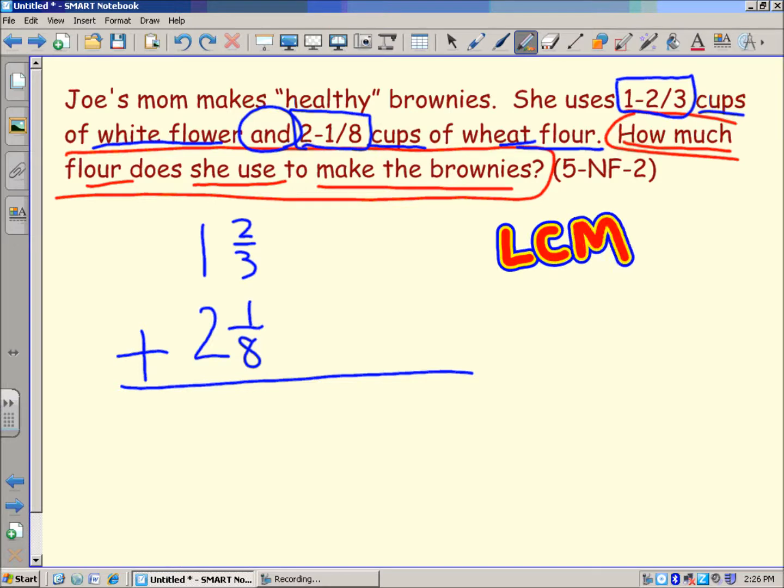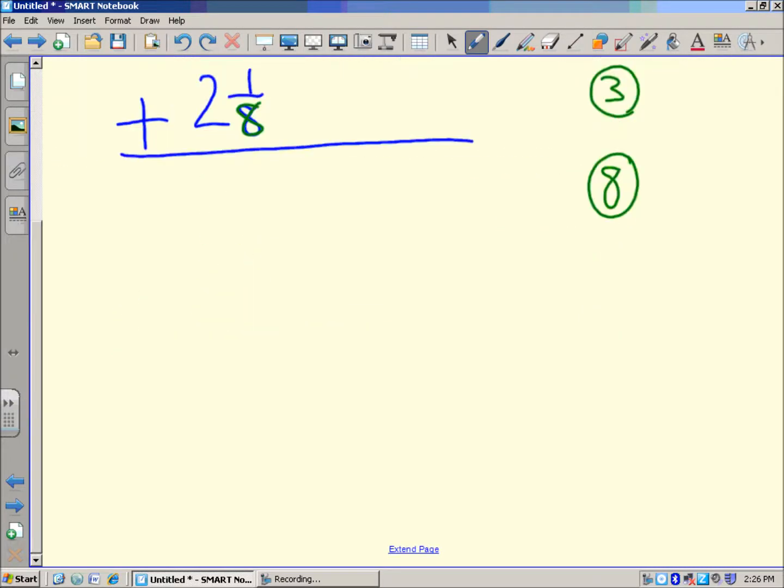LCM, lowest common multiple. Multiples of what, you might be thinking? Well, fortunately, we have a couple of friendly denominators over here, and they're going to help us out. Because you really want to find the multiples of those. Multiples of 3 and multiples of 8. Let's shake things up a little bit and do multiples of 8 first.